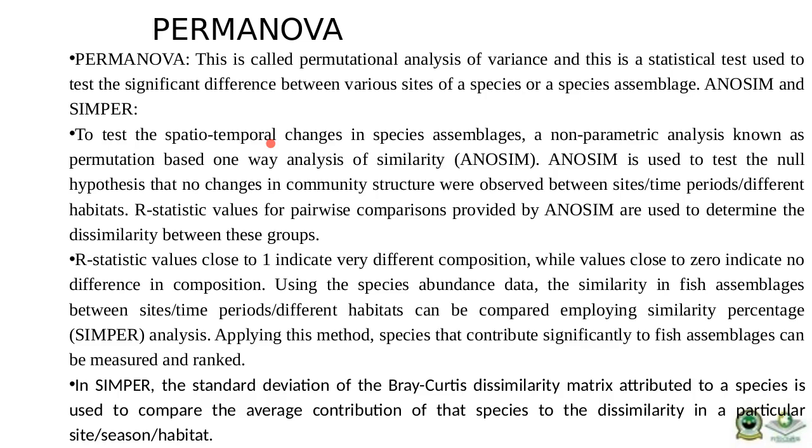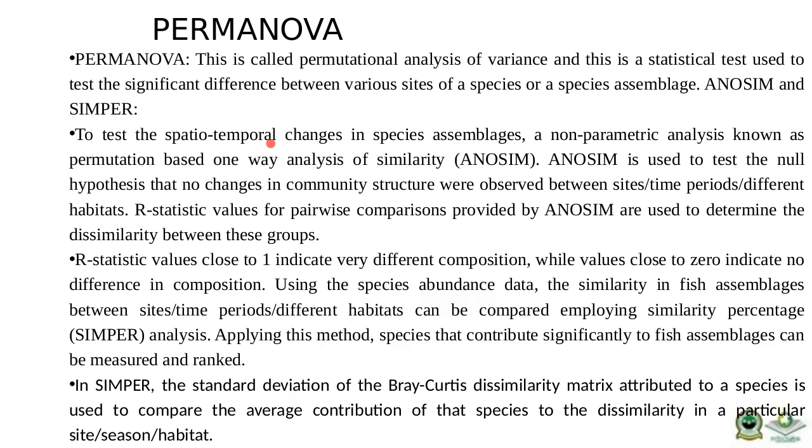Now, PERMANOVA is called permutational analysis of variance, and this is a statistical test used to test the significant difference between various sizes of a species or a species assemblage. ANOSIM and SIMPER are the acronyms used in this particular PERMANOVA study to test the spatiotemporal changes in species assemblages.